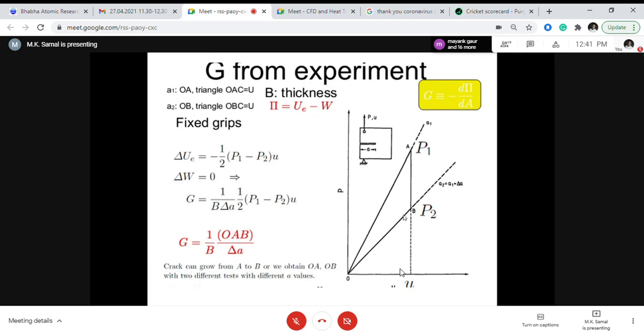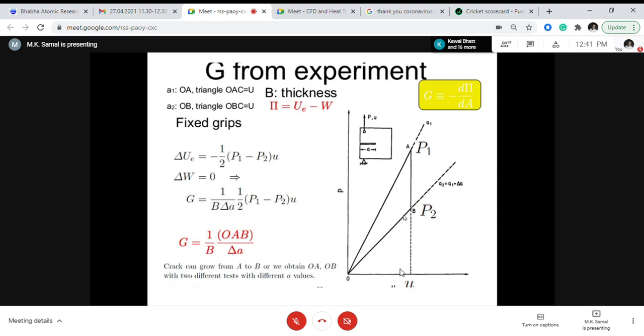Is it clear? For fixed load we'll talk tomorrow, and we'll see that both expressions are the same. Now here we'll be discussing methods to evaluate G. Later we'll connect G to the stress intensity factor, and then talk about the concept of plastic zone size and how to correct for effective crack length.